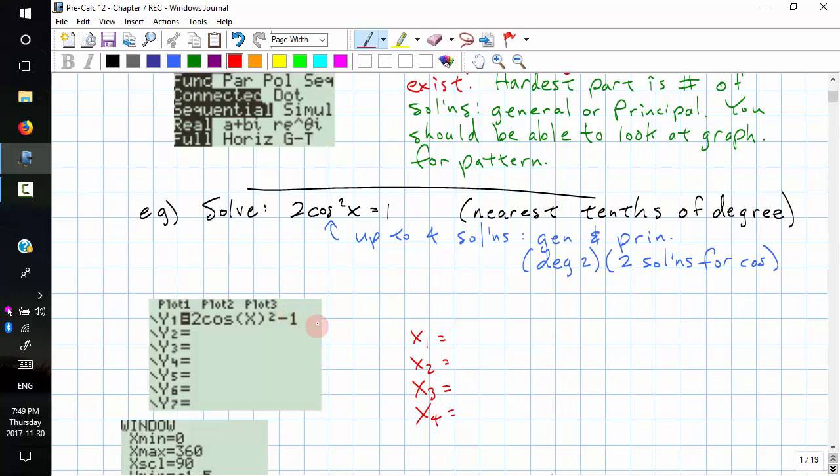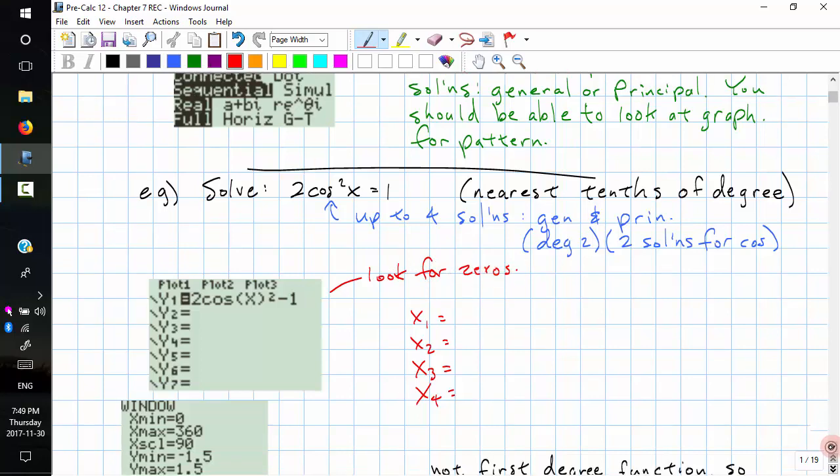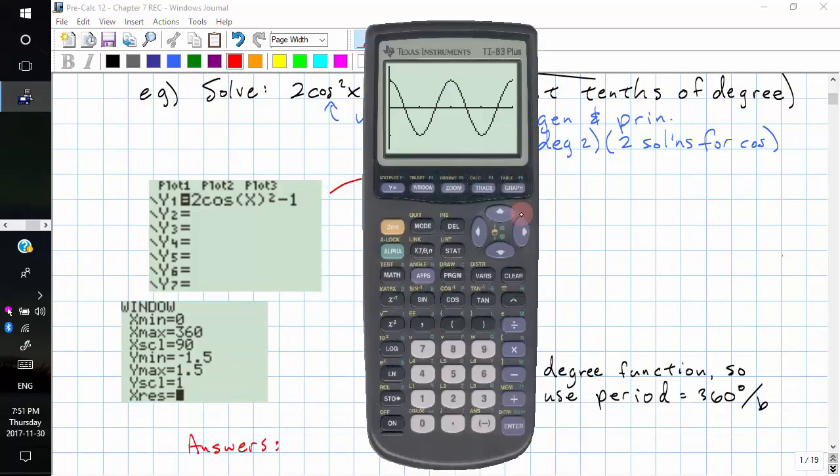Okay, so on our calculator, we're going to enter this. We move the 1 over to the other side, we get -1, and we're looking for zeros. If we graph this, we see we get 1, 2, 3, 4 answers.